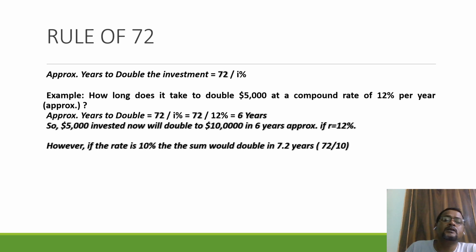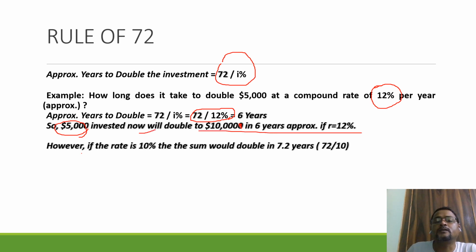So for example, you have invested 5,000 in an account which pays 12% per annum. You want to know how many years it will take to double your money. The approximate formula is 72 divided by the rate of interest. 72 divided by 12% is 6 years. So approximately it will take 6 years for you to double the money if the rate of interest is 12%.